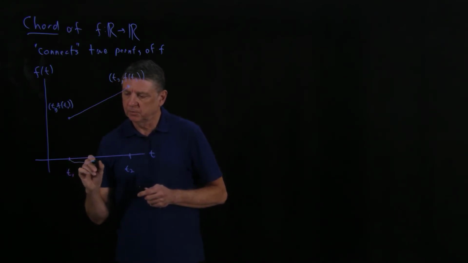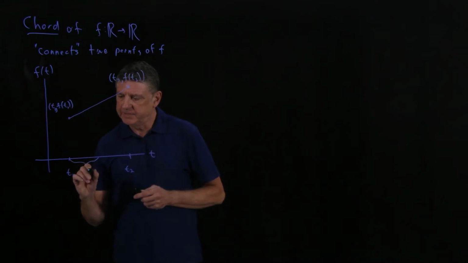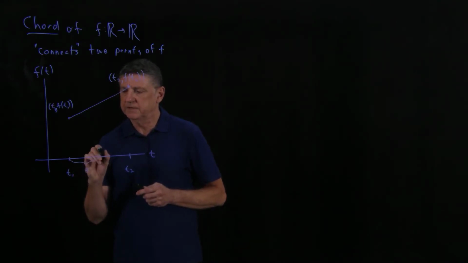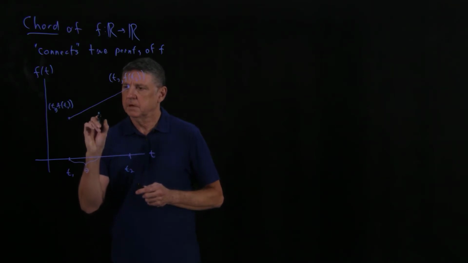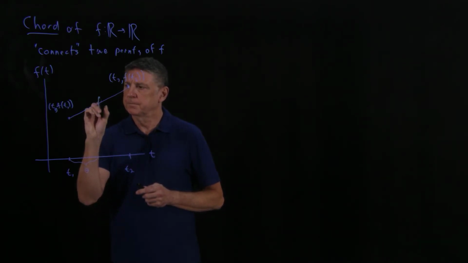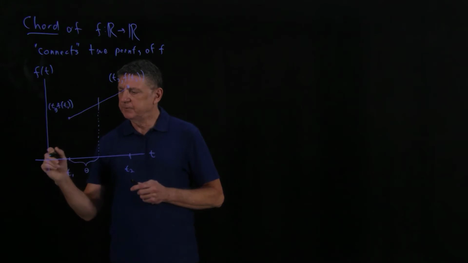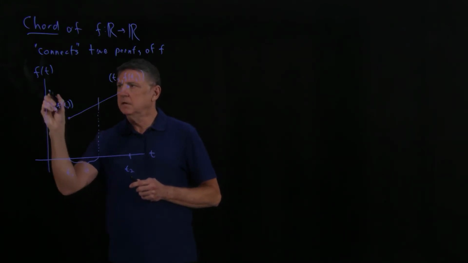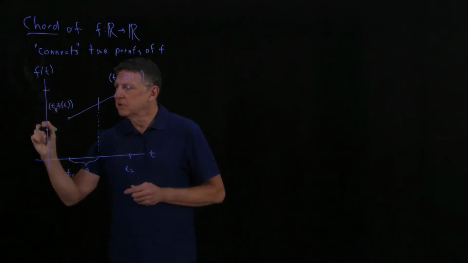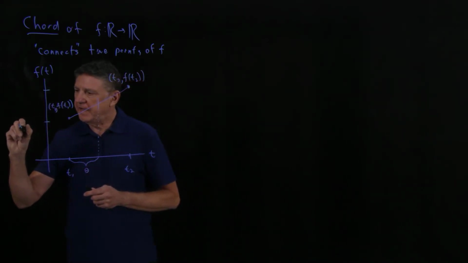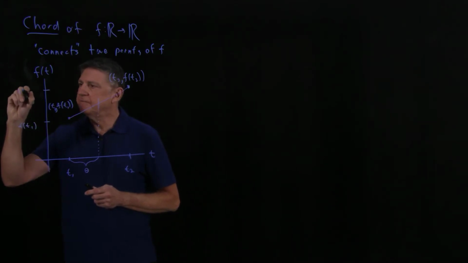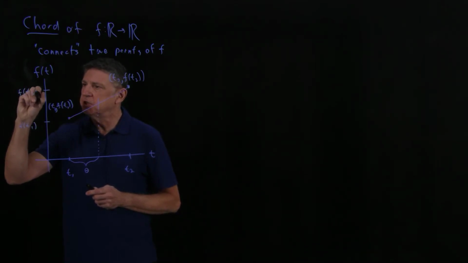So we'll use a parameter theta, and if we take a step theta here, then that will give us a value. And going between here and here, this will be f evaluated at t1, this will be f evaluated at t2.